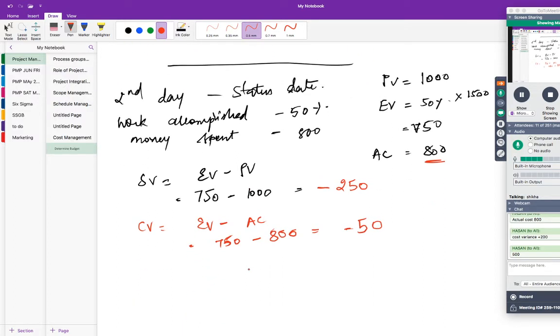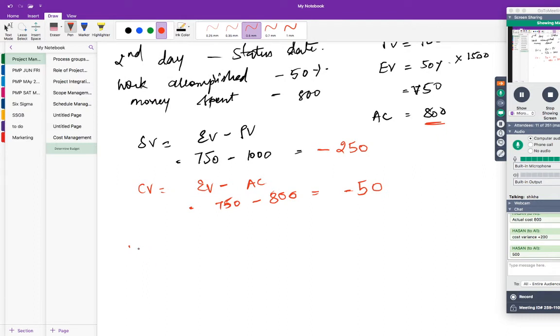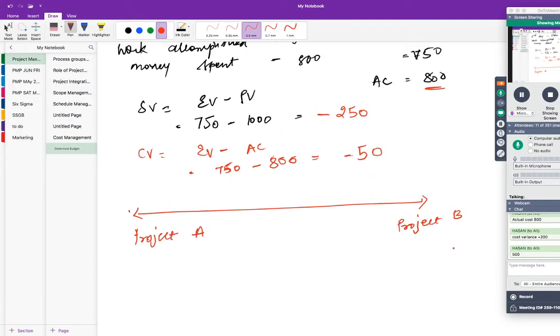So the next metric is schedule. Okay, before I go to this next metric, I'll give you another problem. Okay, you have two projects, project A and project B. Project A has a cost variance of minus 1000.